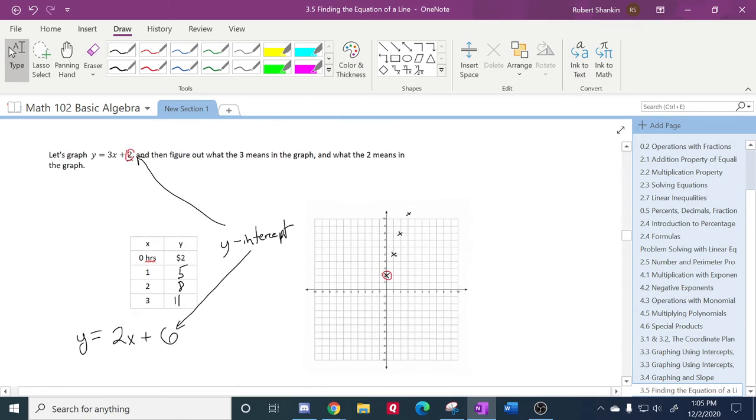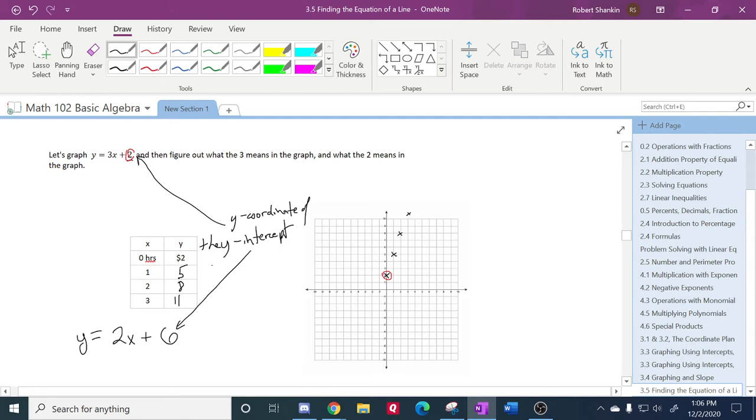And when you have the number in the b position, technically it's the y-coordinate of the y-intercept.